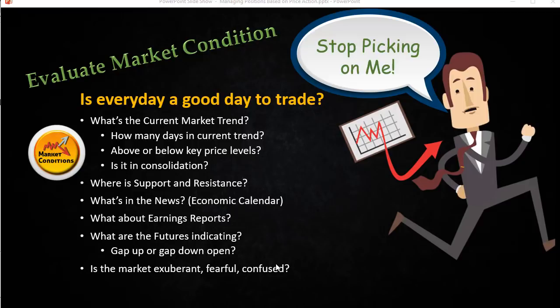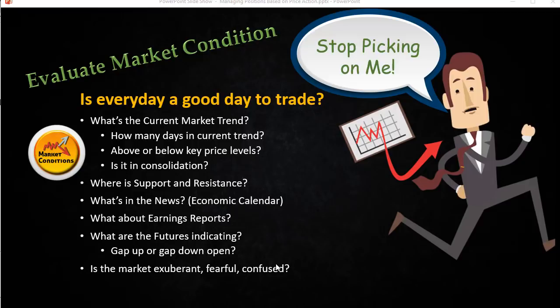Are we above or below key levels of support? Are we in a consolidation? What do support and resistance tell us about the direction of the trade? What's coming up? What's in the news? What's on the economic calendar or the earnings report that could move this market around? How about the futures? What are they indicating?